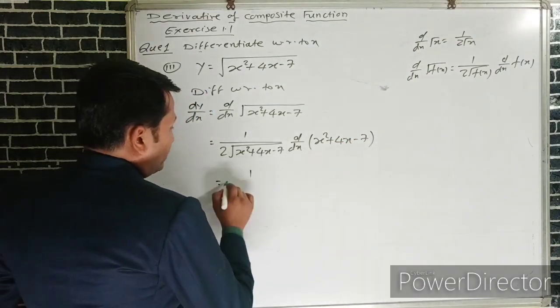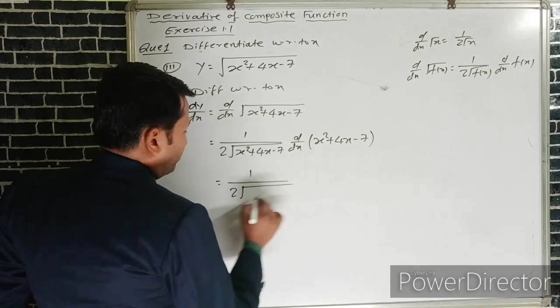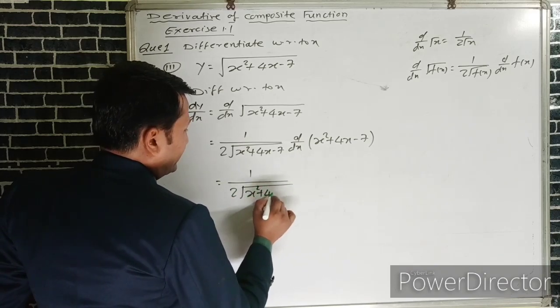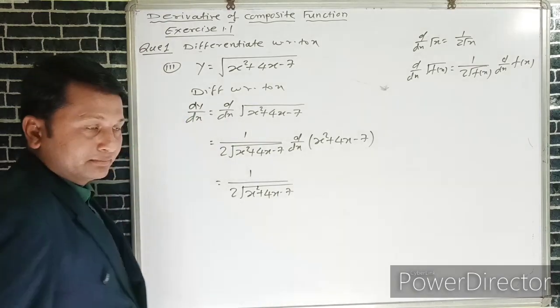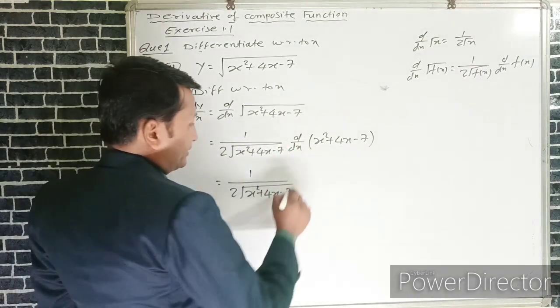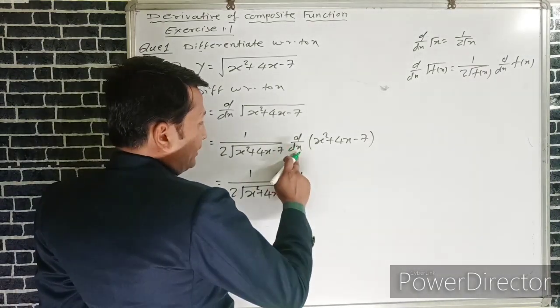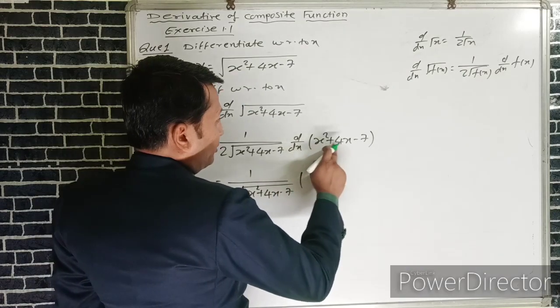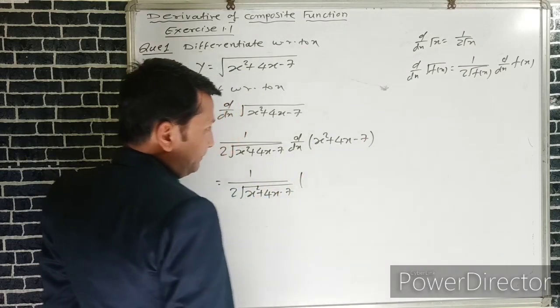It is clear that 1 upon 2 under root of x square plus 4x minus 7 stays as it is. After that, we can write the derivative of every term separately.